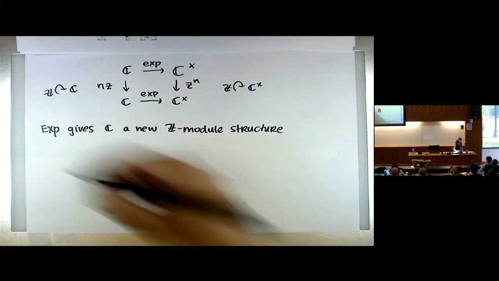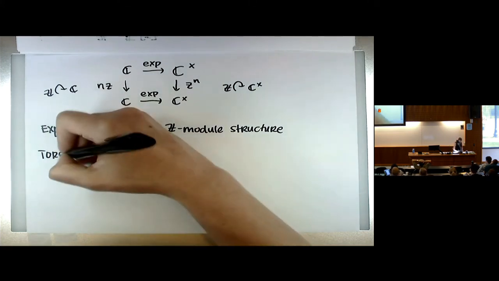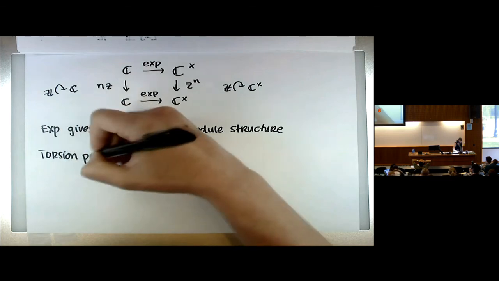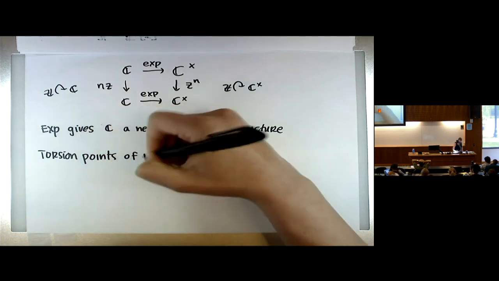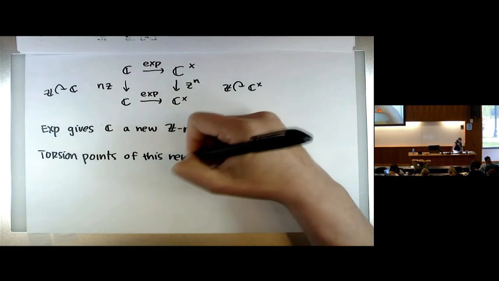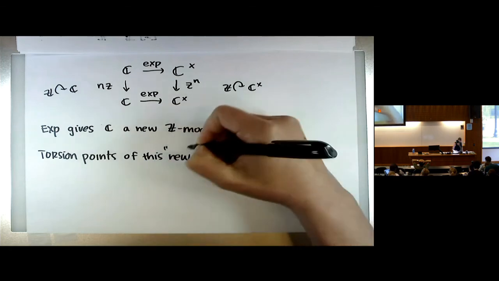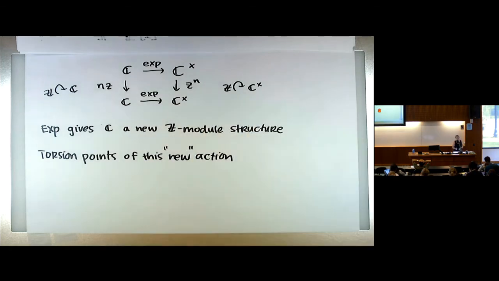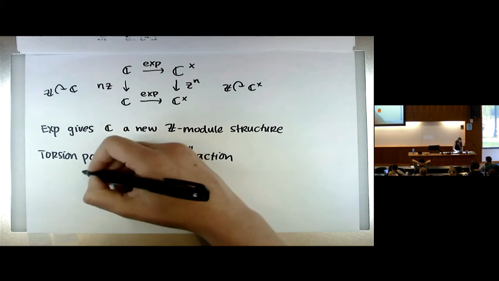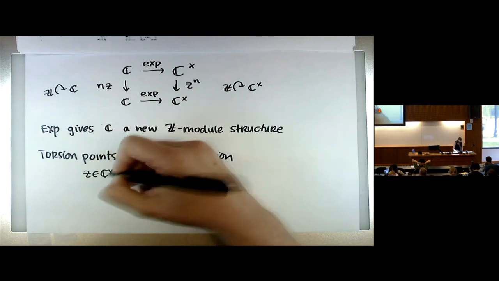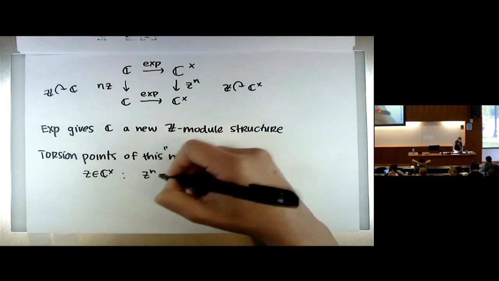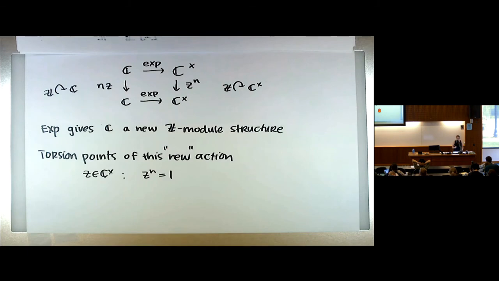So let's look at the torsion points of this new action. I mean, new in quotes. It's exponentiation, our old friend. What do I mean? I mean the points z in C cross such that z to the n is equal to 1. You know these guys. These are the roots of unity.